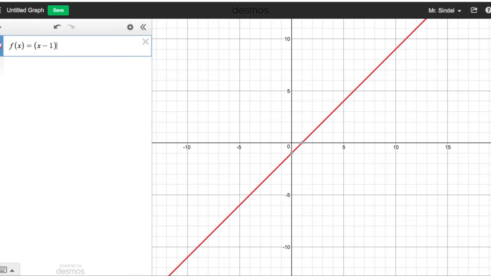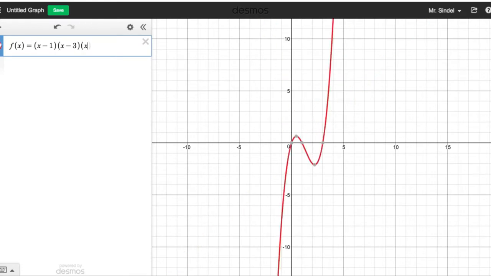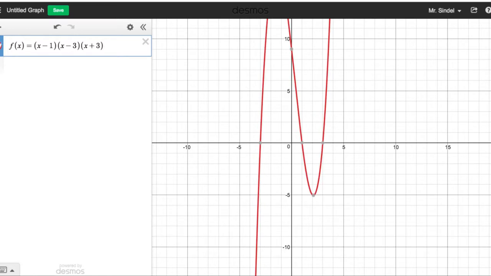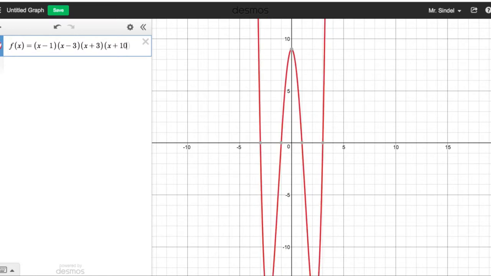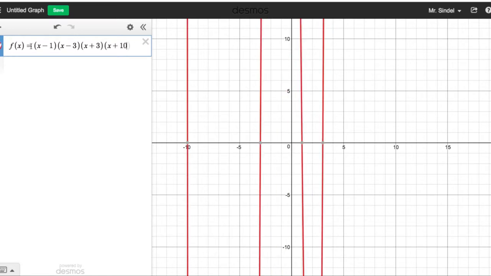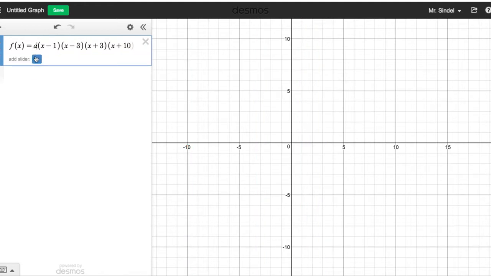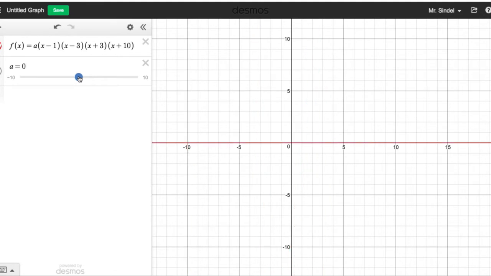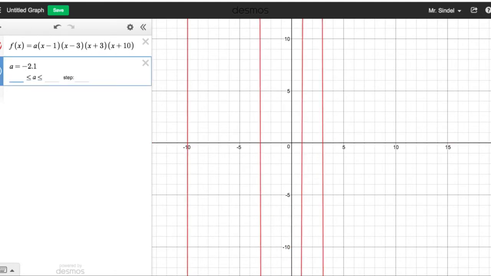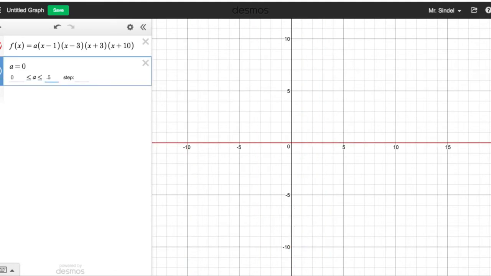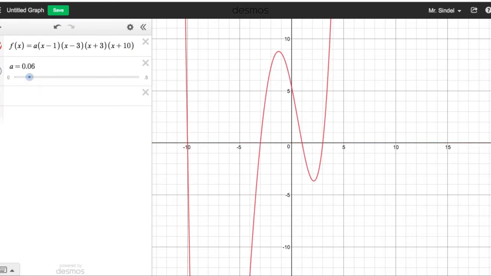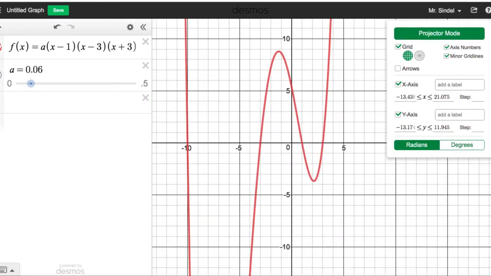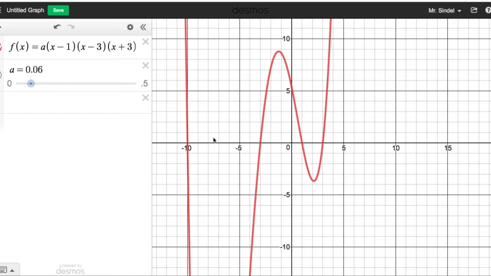Let's do x to the power of 1, (x minus 3), (x plus 2), or x plus 3 I guess, (x plus 10), and let's put an a out here so I can actually make this thing visible. Okay, hold on. 0 to 0.5. Make this bigger. All right, so how many times does this change direction?